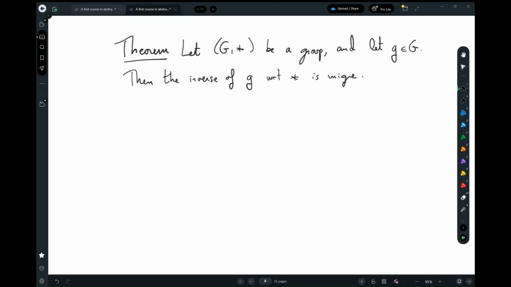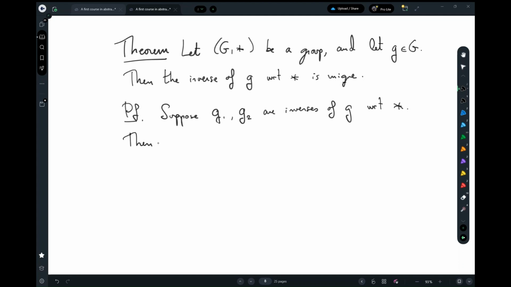Again, you could imagine that maybe there is some group out there where there is some element g with two inverses, but it turns out that that is not possible in a group. Every inverse is unique. So let me do like I did before. Suppose that g1 and g2 are inverses of g with respect to the binary operation star.